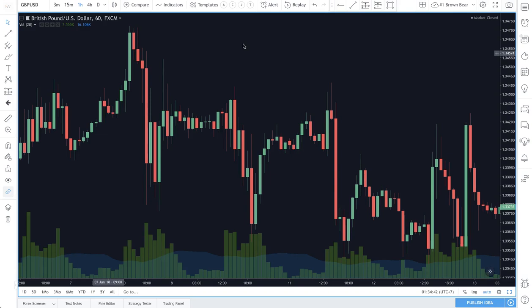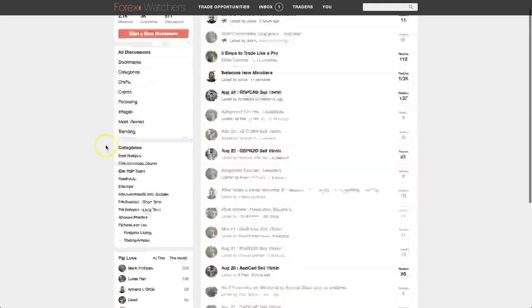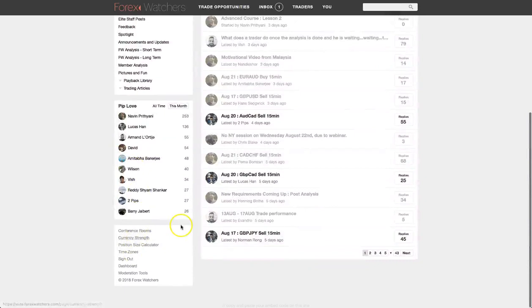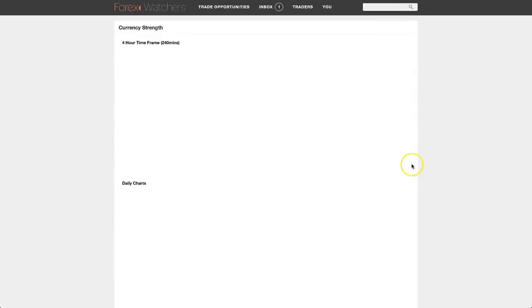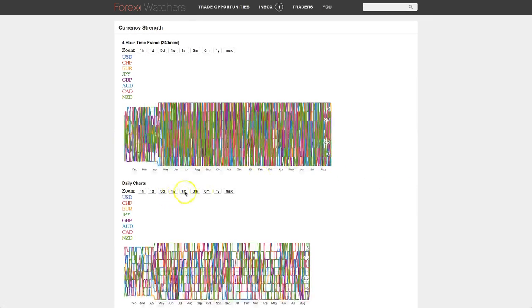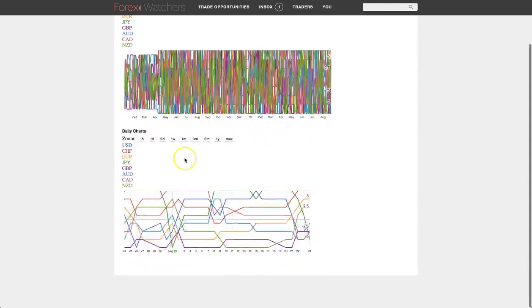Now, why is correlation important? We want to look at the correlation numbers basically from the daily. Let me move this aside a little bit. You want to look at the correlation numbers from the daily, and this is how it's going to look. So these are your numbers.